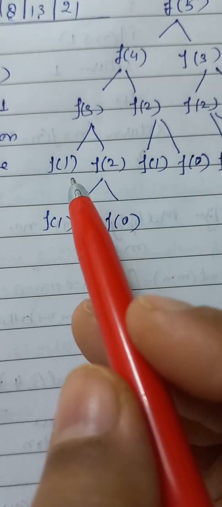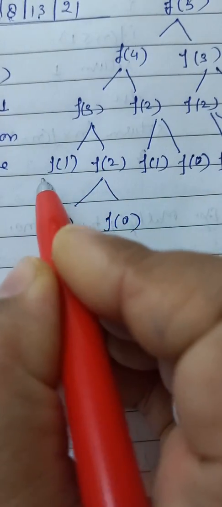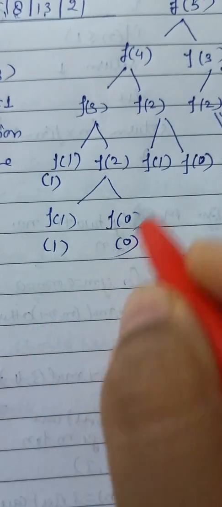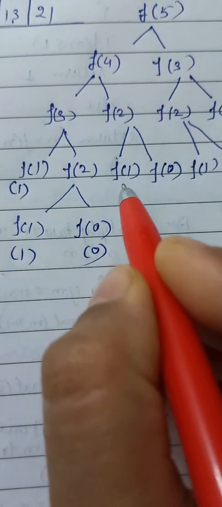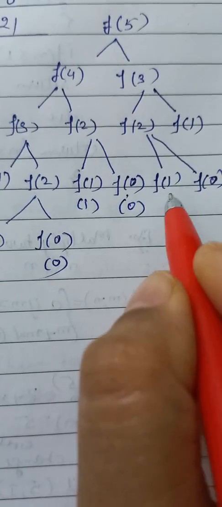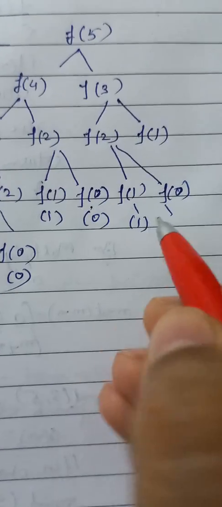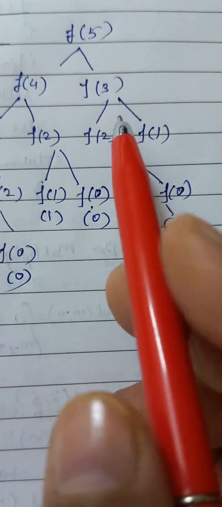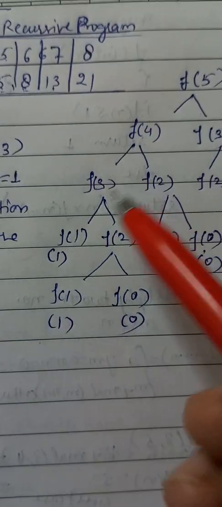Otherwise we know all the values. For Fibonacci 1 we have the value 1, and for Fibonacci 0 we have the value 0. Here 1 has value 1, 0 has value 0. This one has value 1, this one has value 0. So like that we can calculate the Fibonacci 5 series.